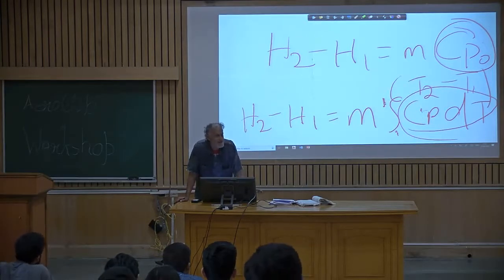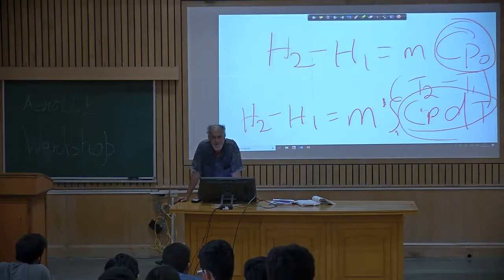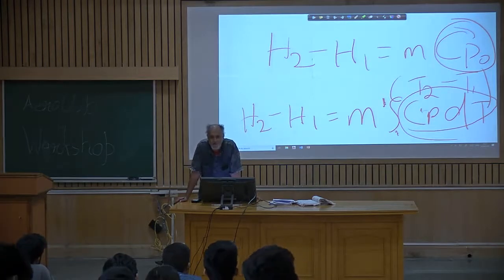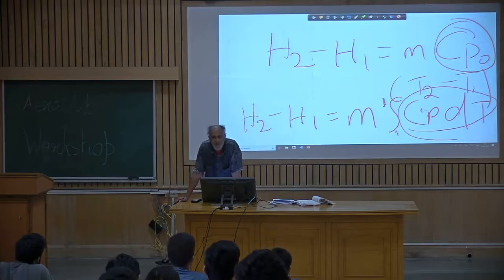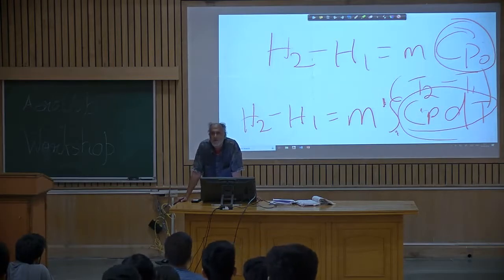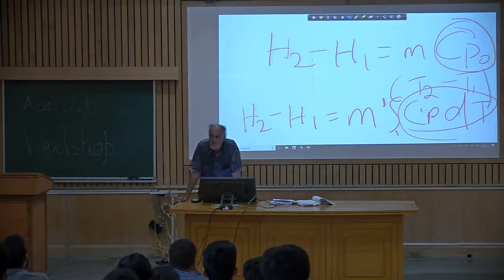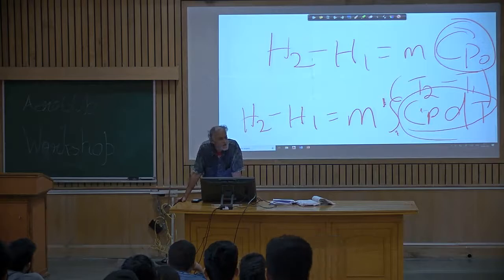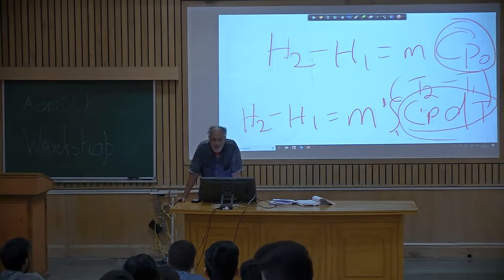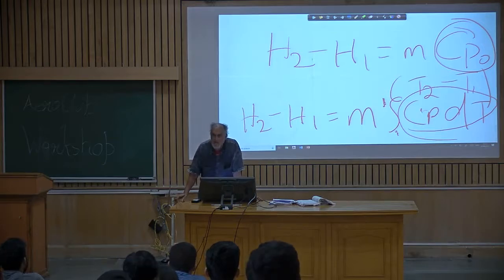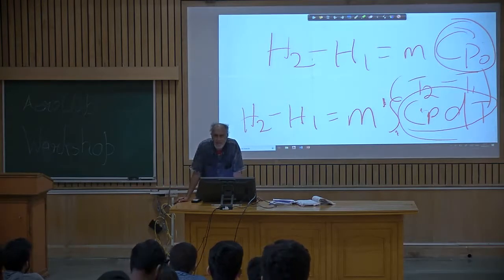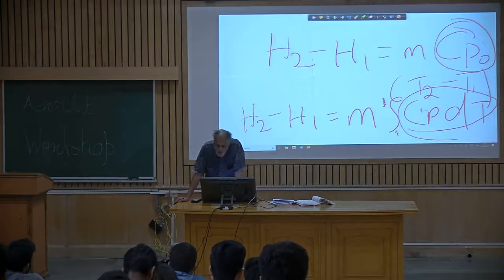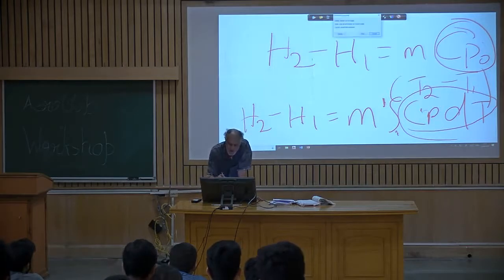Because that is the whole question, right? That's the whole point. How to find the difference between H2 and H1. But for that I have to do what? I'll give you a hint. Can I find a reference temperature where I know the standard value of enthalpy? Yes? And then can I come to another temperature? So what you do is go to the next page.